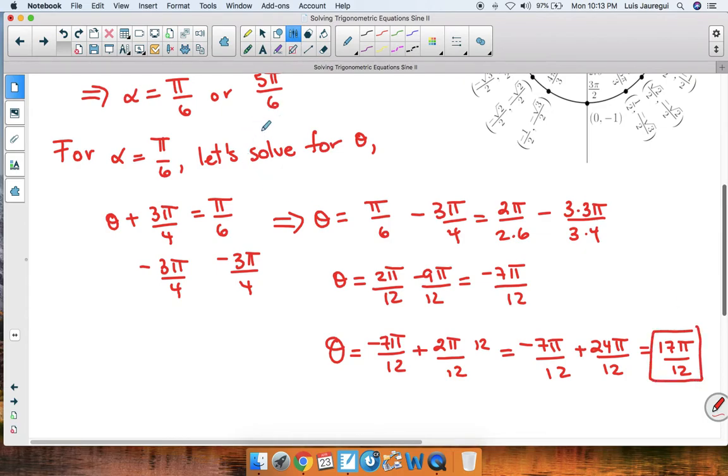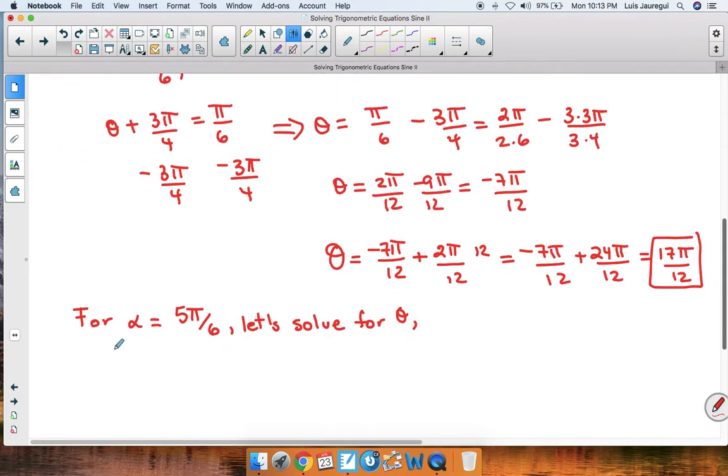Now let's use the other one. So for alpha equal to 5 pi over 6, let's solve for theta. So we get that theta plus 3 pi over 4 is equal to 5 pi over 6, since alpha is the same as theta plus 3 pi over 4.